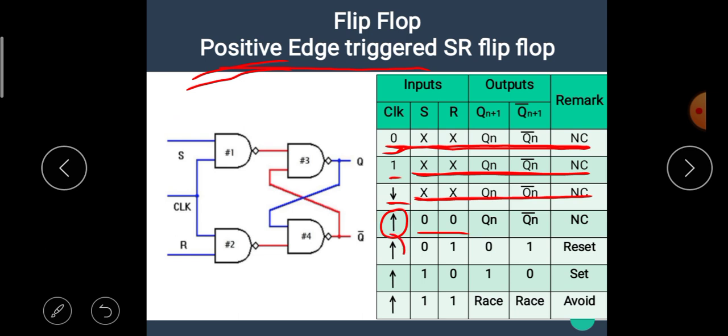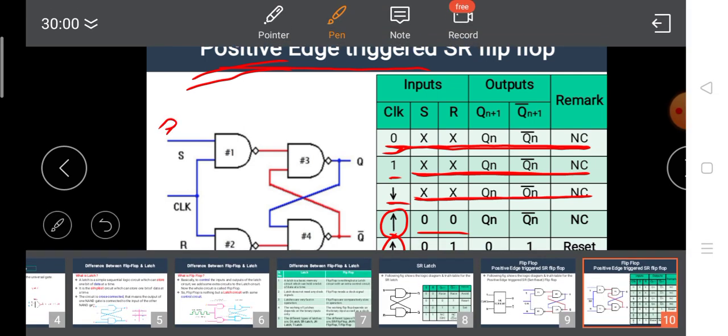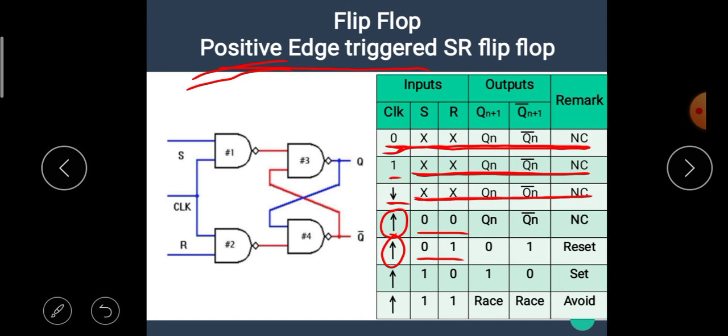When the second rising edge or positive edge occurs and the values are S equal to 0 and R equal to 1, then, if S has the value 0, the output of the first NAND gate is forced to be 1.